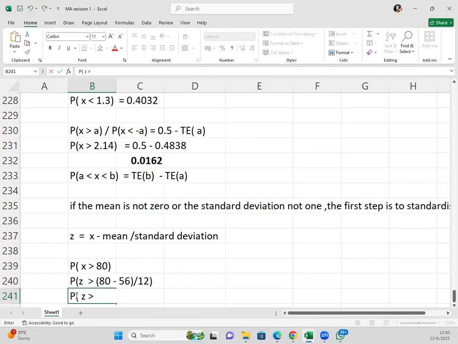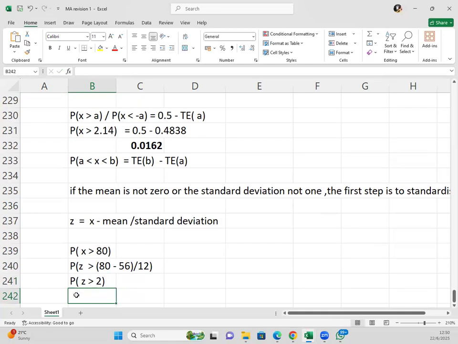It's just straight 2. Yes. So now we have reduced it. It was the probability of 80, now it's 2. So it's easier now to get this one from the tables. So the Z is the standardized value of X.